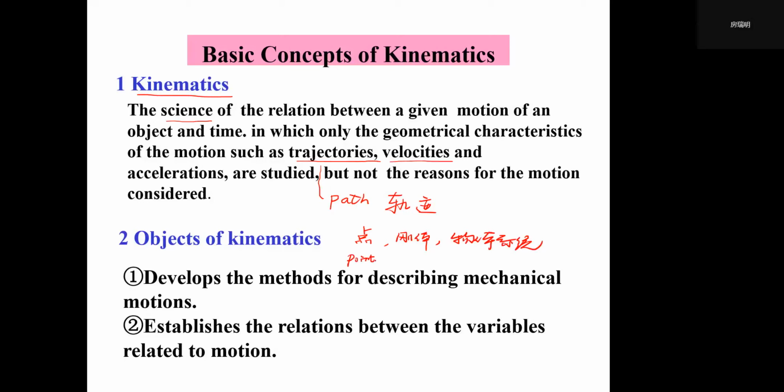And 钢体 means a rigid body, because according to our rigid body assumption, under any loading it will have no deformation. So any two points on the body will have no relative movement.